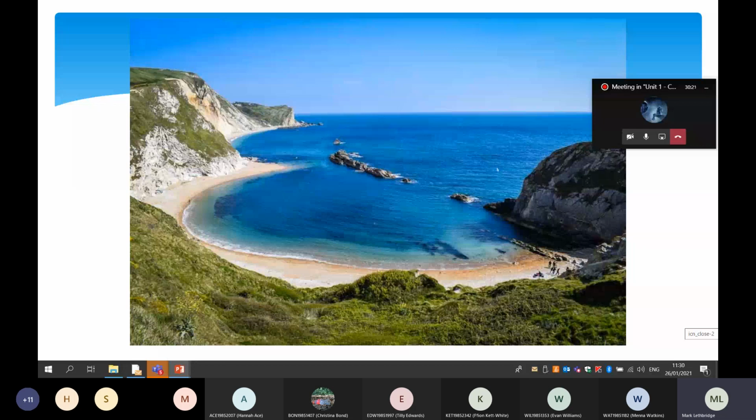But as I mentioned at the beginning, this one is easier to do face to face because we can get out the maps properly. We can look at all of the images of some of the previous trips to Dorset, and you get a much better visual of it. So there are some bits and pieces that we'll do properly with it once we get back.